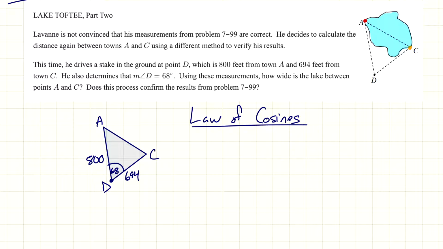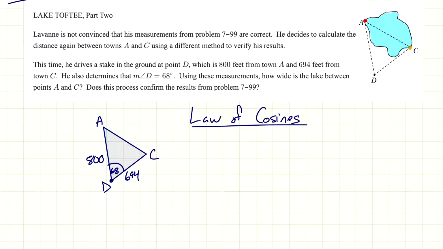All right, so now that you know what tool you're going to use, let's see if you could set this up. Let me help you with labeling this. Now, law of cosines, we have the letters A, B, and C. Now, you'll notice we have the letter D here.